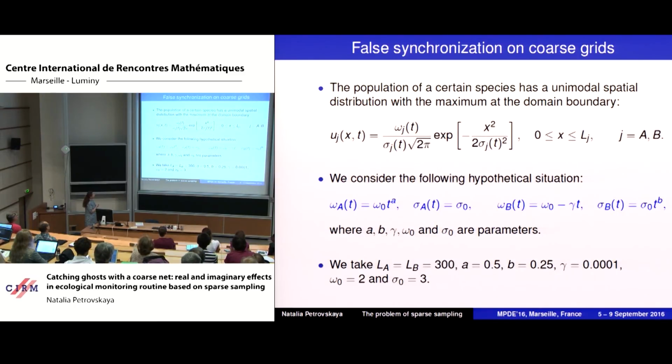So for the first field we consider these definitions, and for the second field we have these functions, and we can see that in the first field the population will grow with time, and in the second field it will decrease. And the spatial distribution is given by this function again, the exponent.